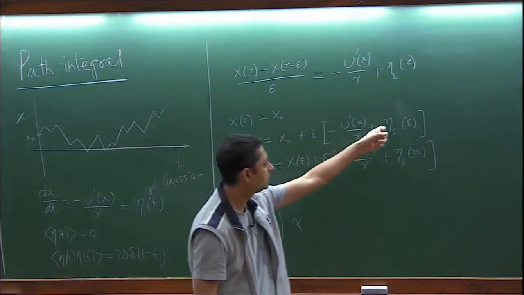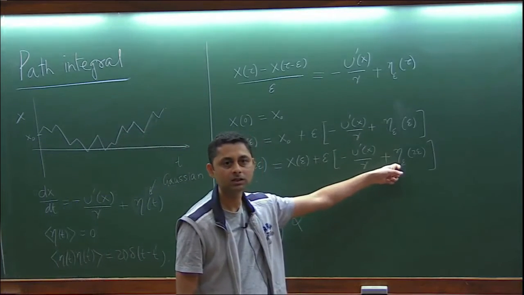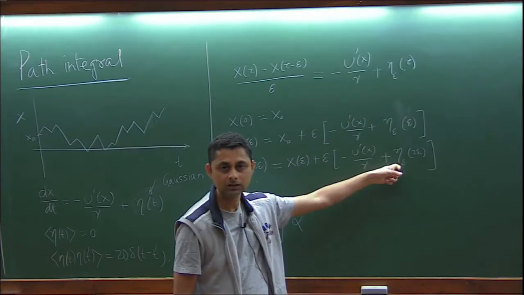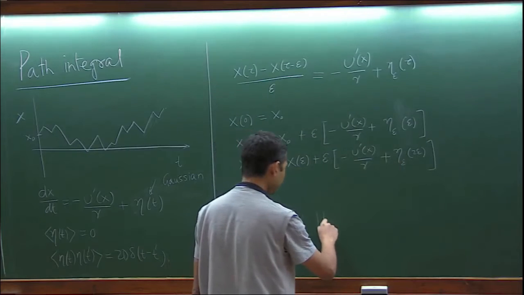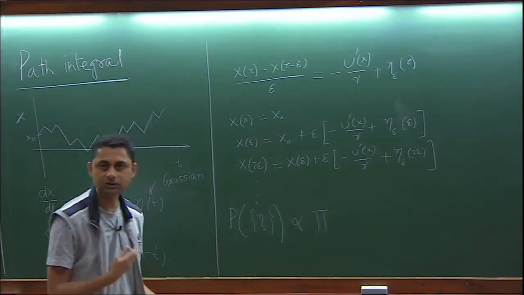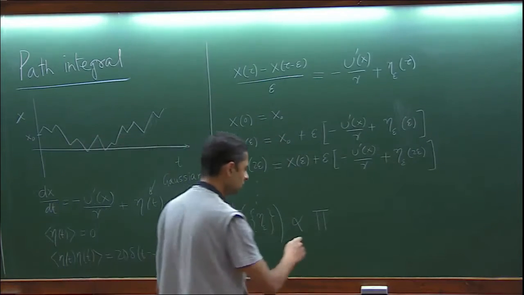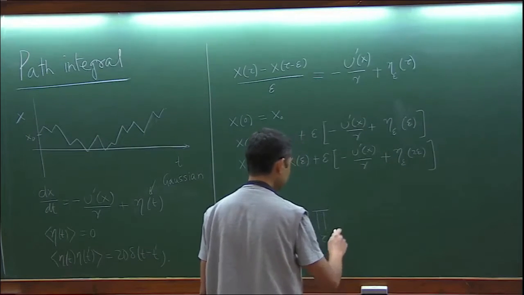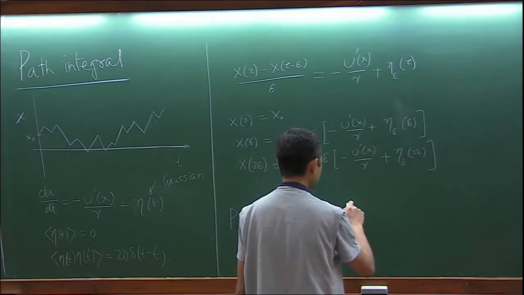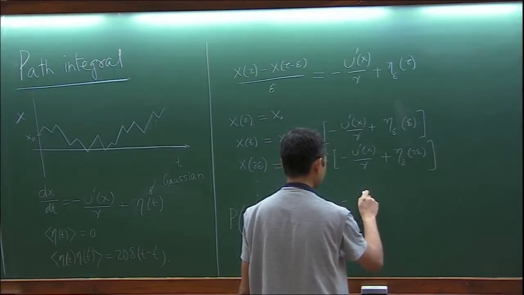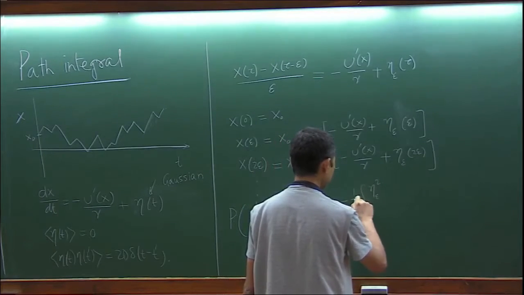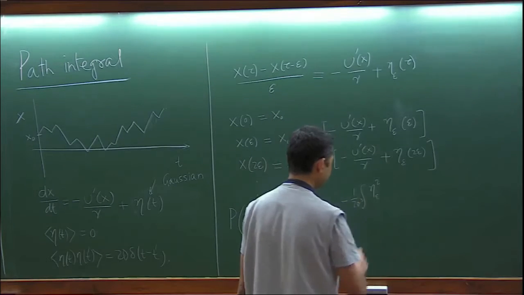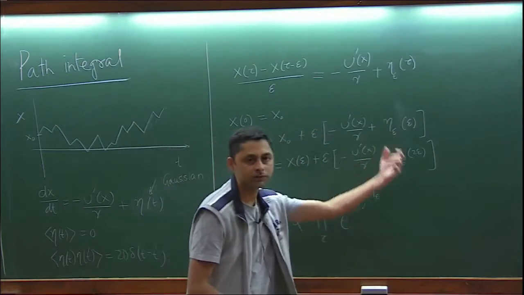Since each eta is independent, this will be a product of Gaussian distributions, and for each one it will be exponential of minus eta epsilon squared over 2 sigma squared, where sigma is the width of this distribution.